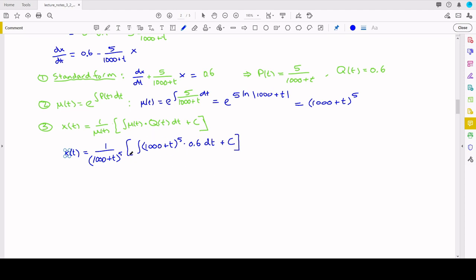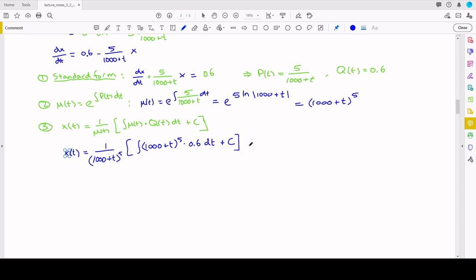And now when we're integrating this, we can again use the substitution u equals 1000 plus t, and then this is basically u to the power of 5 du, because du equals dt in this case. And so the antiderivative of this will then be add 1 to the power and divide by that new power.